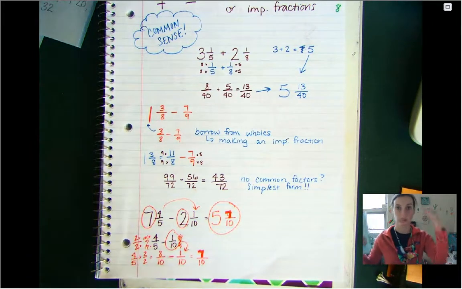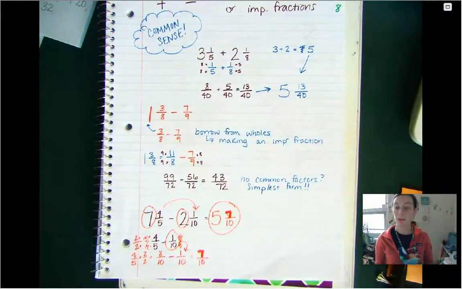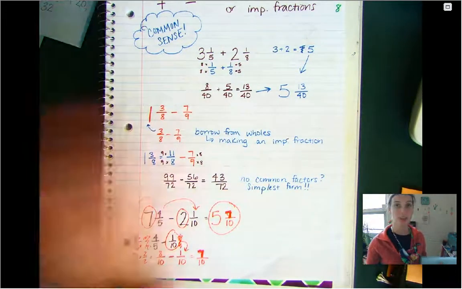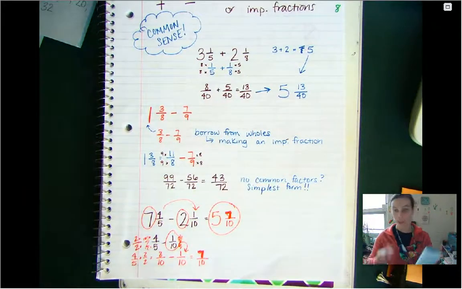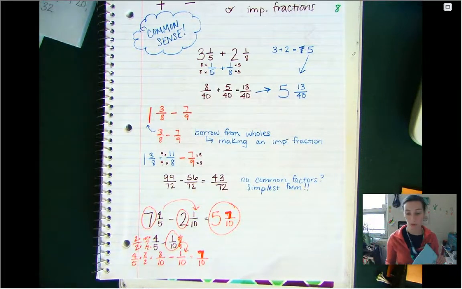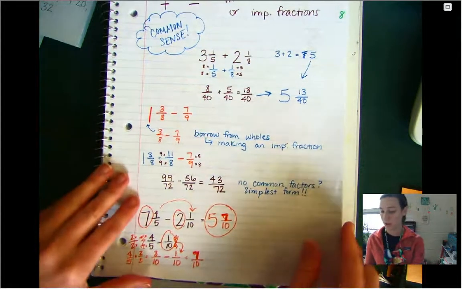You have to use your brain. And some people are just more comfortable when they're like, I do this and then this happens and I feel good about that. So if you are that kind of person, you just want a rule that every single time, turn your mixed numbers into improper fractions, do what you need to do with them, and then turn them back around at the end. So if you're a rule follower and you like to have that, there's your rule.